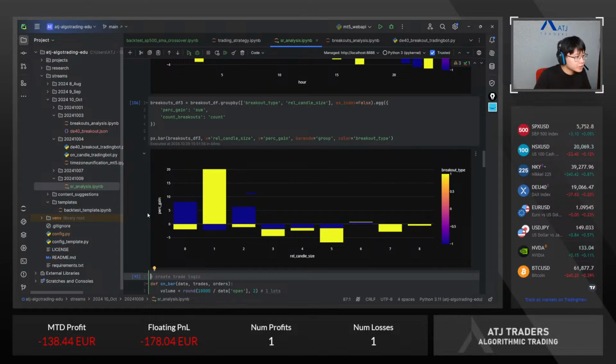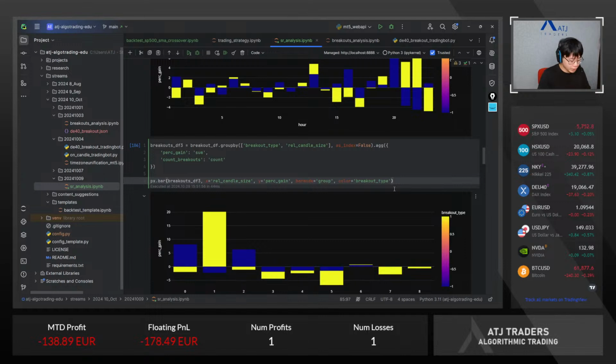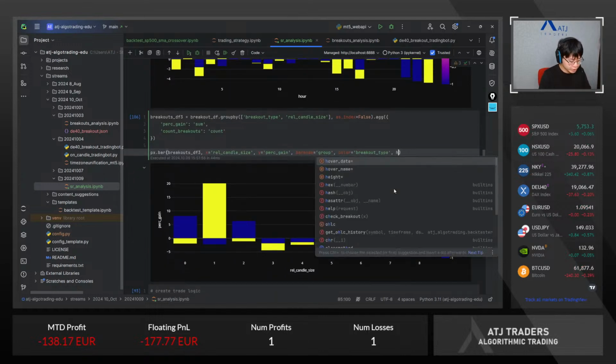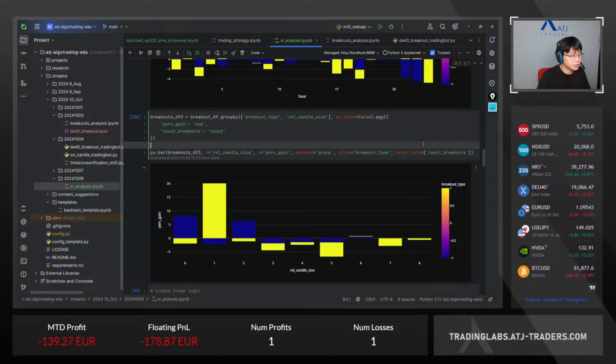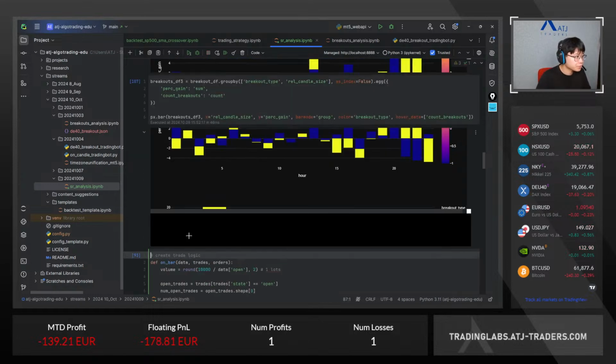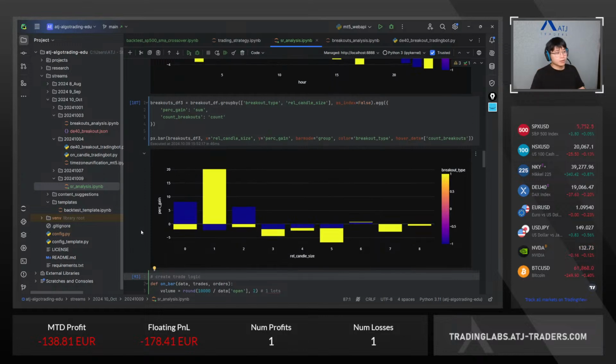So what we have here is the relative candle sizes, and I will also add some other hover data so I see how many candles there are. So hover data is equal to count breakouts, so I can see if there are a lot of breakouts in that range or not. So I think we found another great example for breakout.